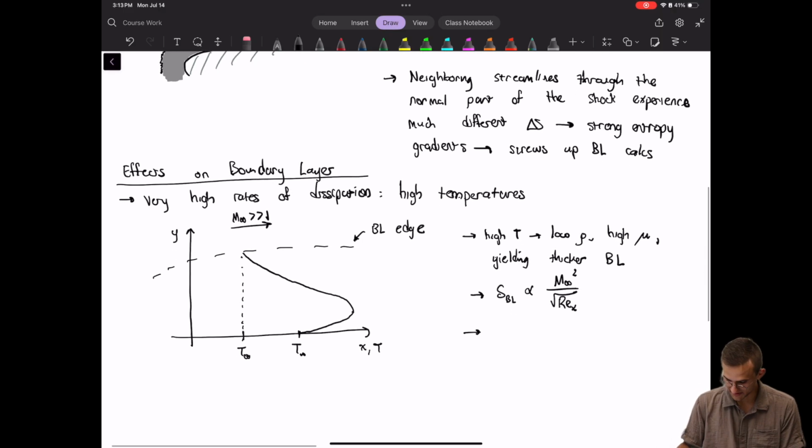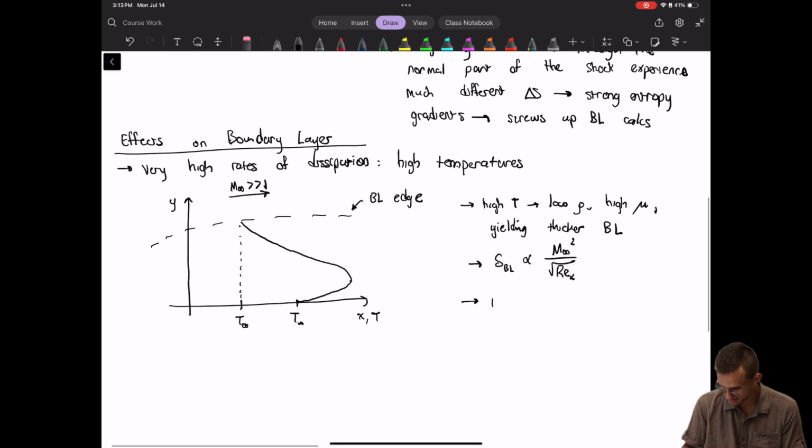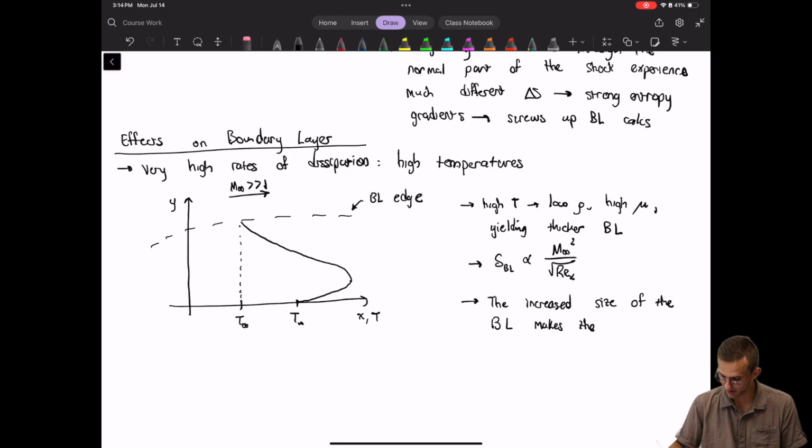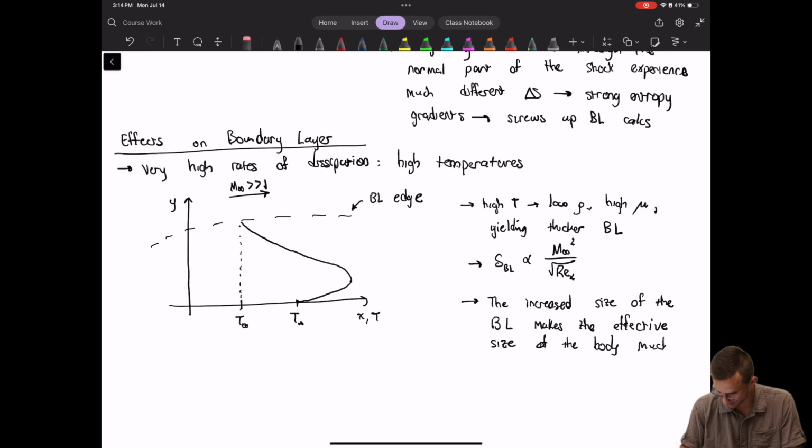And so the takeaway here is that the increased size of the boundary layer makes the effective size of the body much larger. By size here, I mean cross-section.